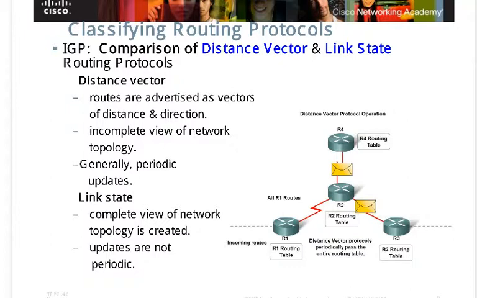So for example, this router, in order to reach this LAN, needs to calculate the total distance, which in that case, in terms of number of hops, will be 2. And it needs to go through this router in that direction. So it needs to have a distance of 2 in order to reach this LAN. Okay?